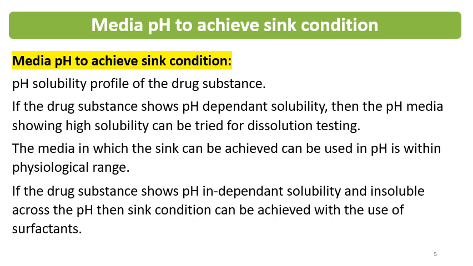If the drug substance shows pH independent solubility and if it is insoluble across the pH, then sink condition can be achieved with the use of surfactants. Now, take an example of a drug molecule which doesn't have any ionizable groups, and if it is not having any pKa, then it will be insoluble across the pH range.